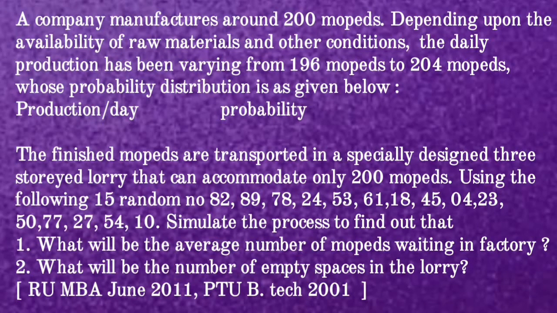Using the following 15 random numbers 82, 89, 78, 24, 53, 61, 18, 45, 04, 23, 50, 77, 27, 54 and 10, simulate the process to find out, first, what will be the average number of mopeds waiting in the factory, and second, what will be the number of empty spaces in the lorry. This question was asked in RU MBA June 2011, PTU BTech 2001.